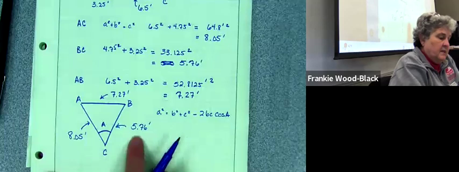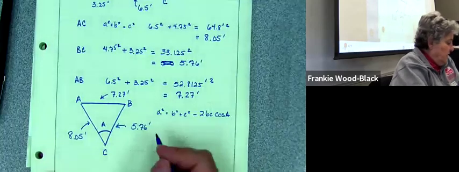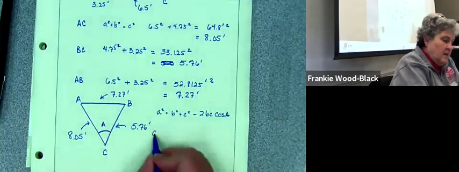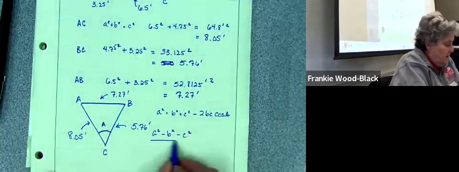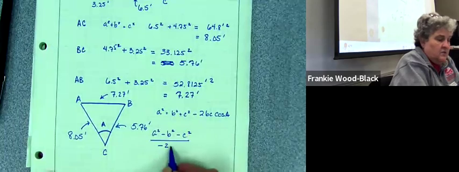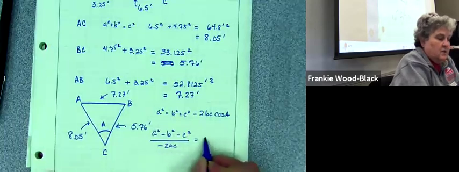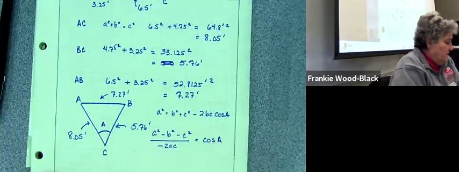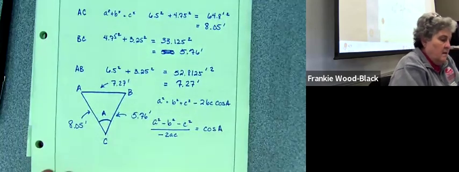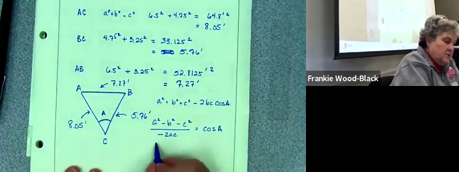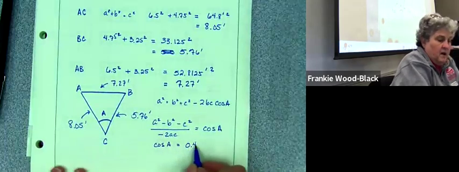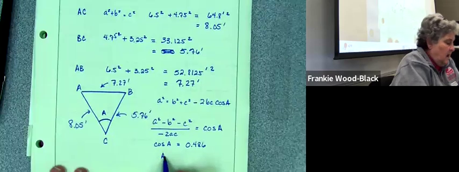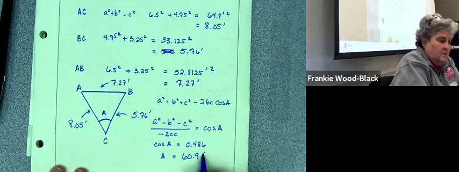And so I end up with (a squared minus b squared minus c squared) divided by negative 2bc is equal to the cosine of A. If I plug in my numbers, cosine of A is going to equal 0.486, and A will ultimately be 60.9 degrees.